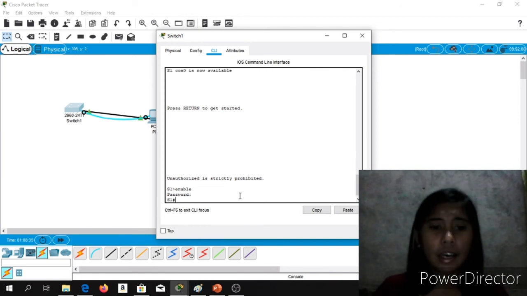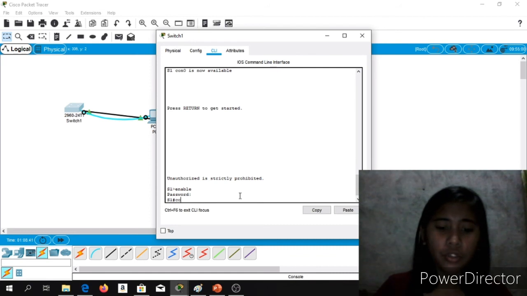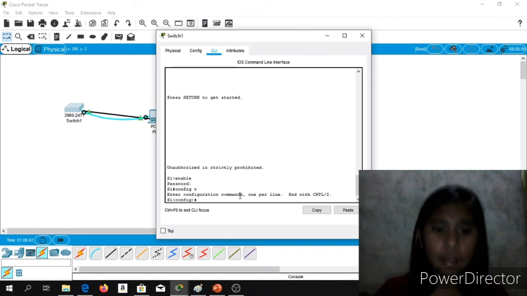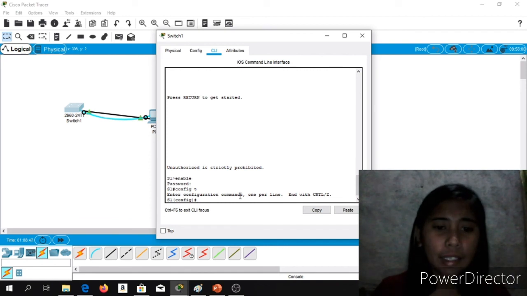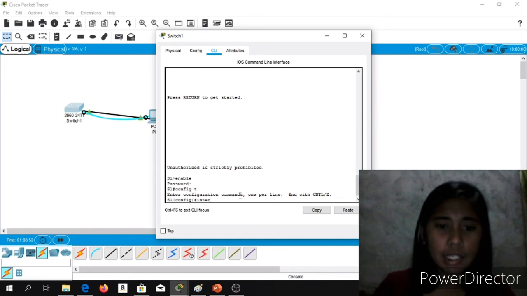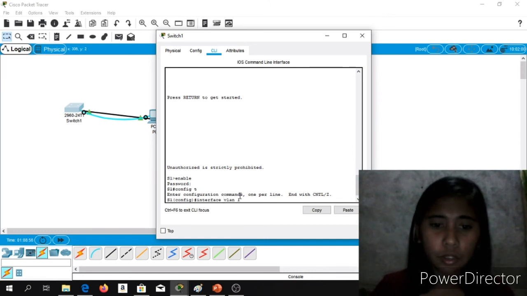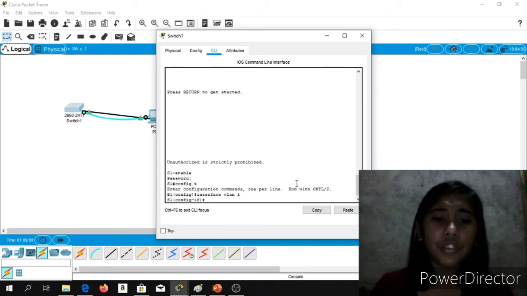And then we are now proceeding to config t, and then interface VLAN 1.